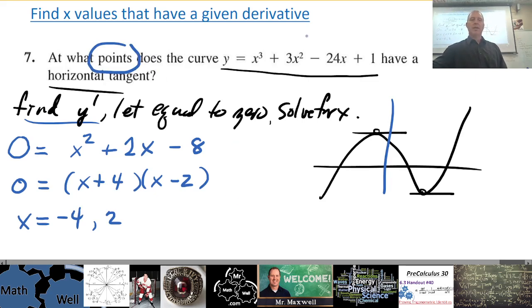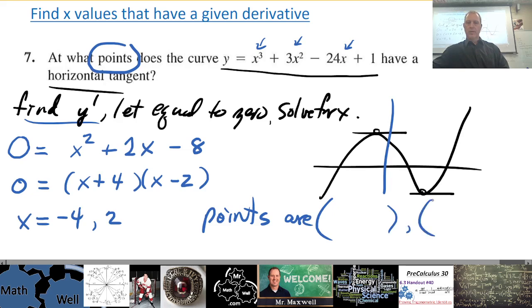So if x is negative 4, you'd have to put negative 4 in for x wherever you see it in the original function to get your values there. And so the points are going to be x values of negative 4 and positive 2.